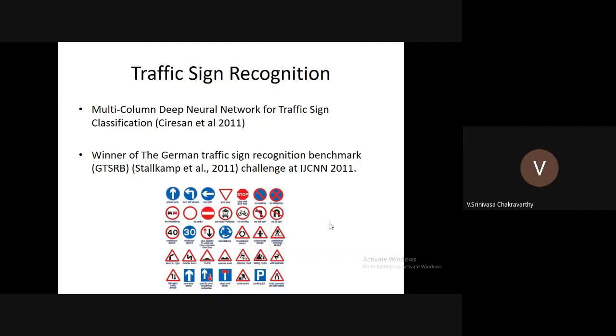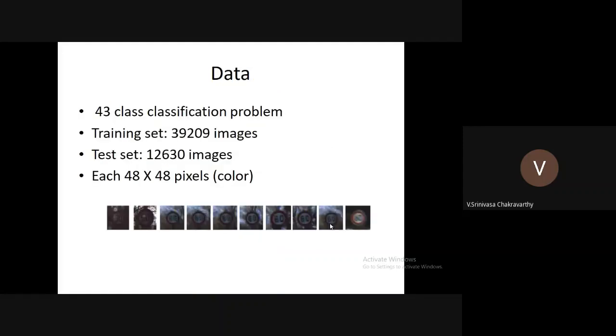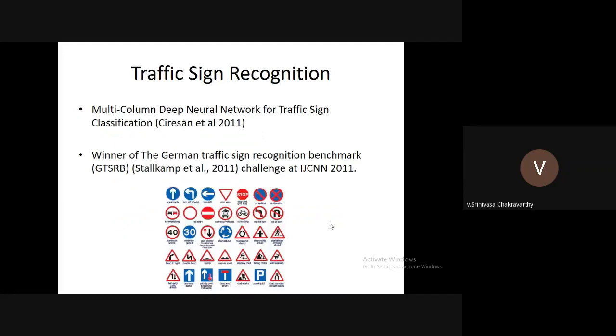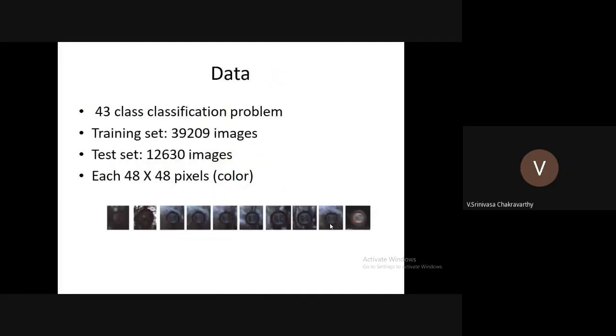You are given pictures of these traffic signs and you're supposed to classify them. The total training set has 39,000 images and there are 43 classes. All of these pictures look very clean in the ideal case. In the real case, the pictures are very highly degraded, so poor quality, and classifying them will be hard.